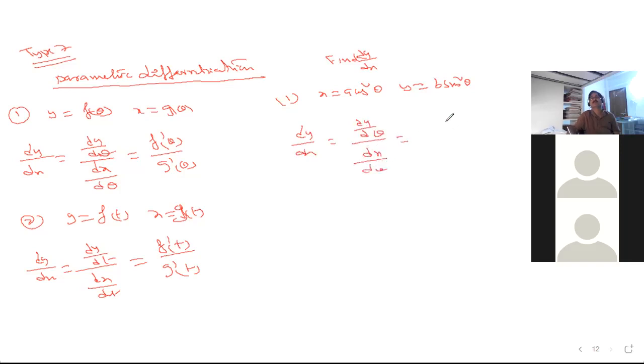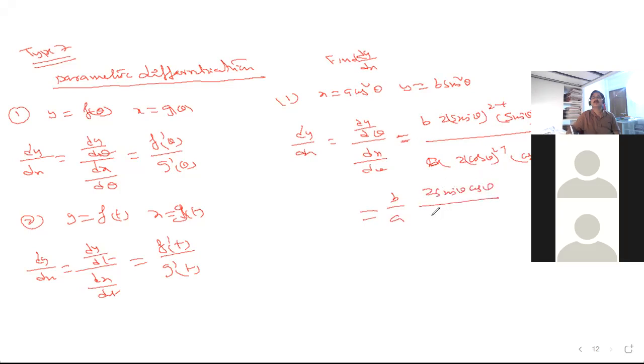Differentiate: b into 2 sin theta into cos theta, and a into 2 cos theta into minus sin theta. So we can cancel, answer is minus b by a.